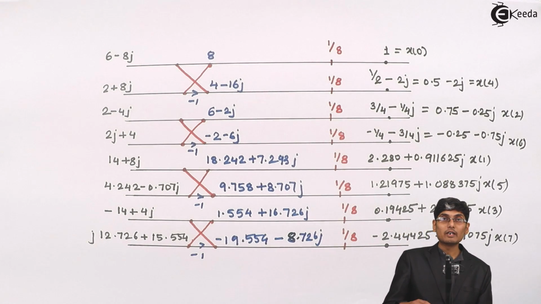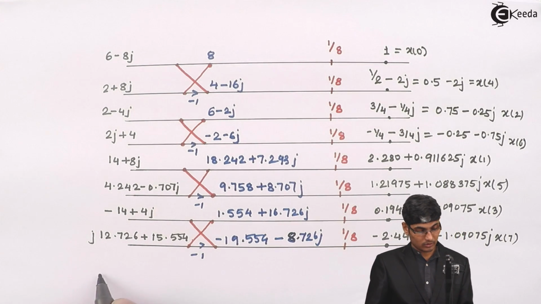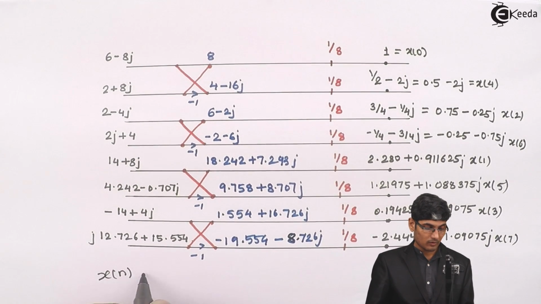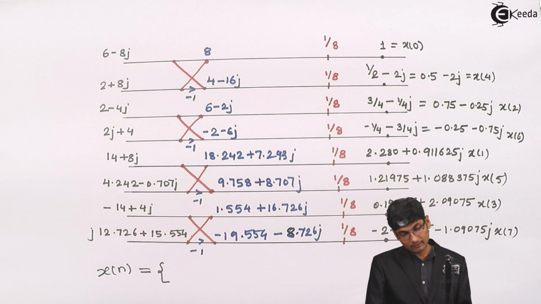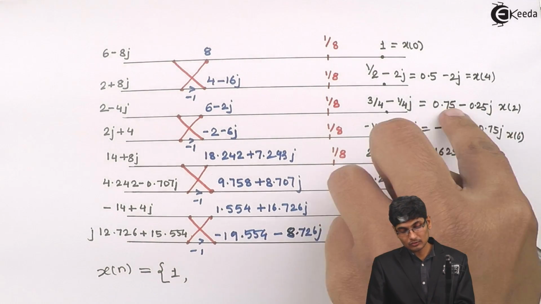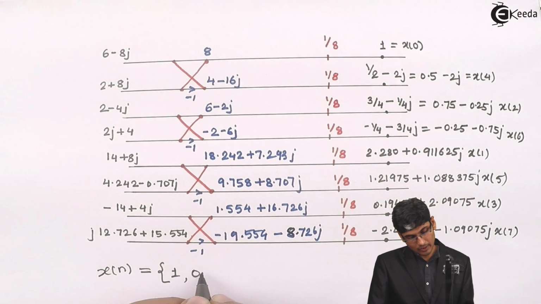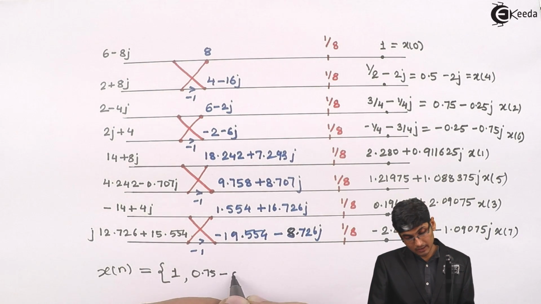So we need to rearrange them and write the final solution. So x of n is equal to, first I will write x of 0, which is 1. Then I will go for x of 2, which is over here. So x of 2 is 0.75 minus 0.25j.